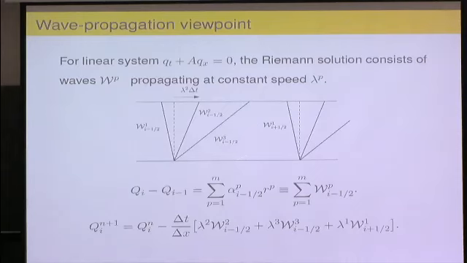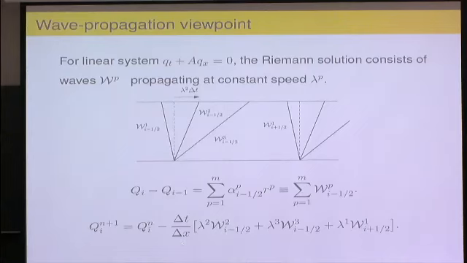The alphas are scalar coefficients. And it's this combination, alpha times r^p, that we call the pth wave. So each of these waves you should think of as a vector, which is proportional to an eigenvector of A. And each of these waves represents the jump in Q across the wave.